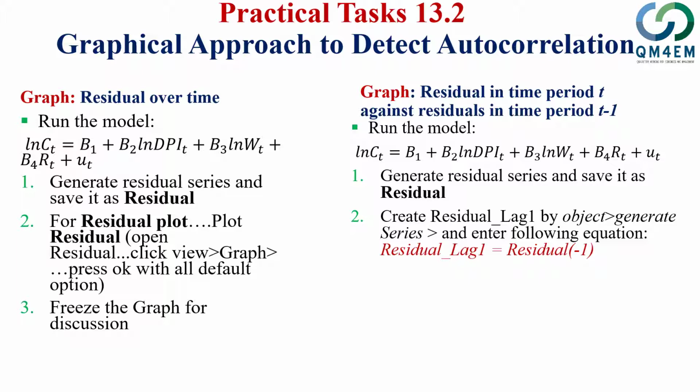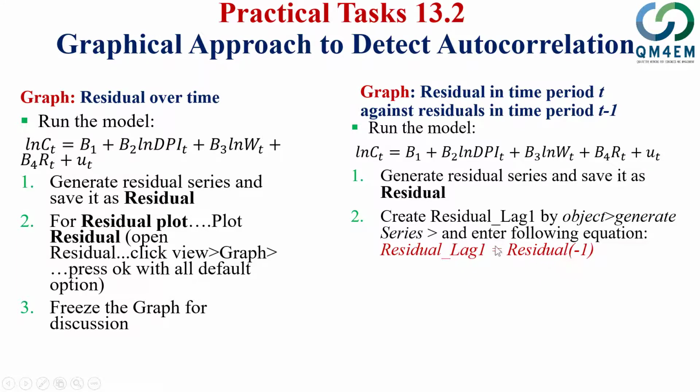You go to object, generate series, and you write the equation residual_lag1, that's the name I gave it, and it should be equal to residual, and within bracket I wrote -1. So this residual(-1) asks EViews to generate a new variable, residual_lag1, equal to the first lag of the residual.